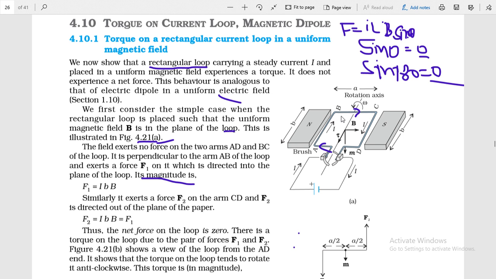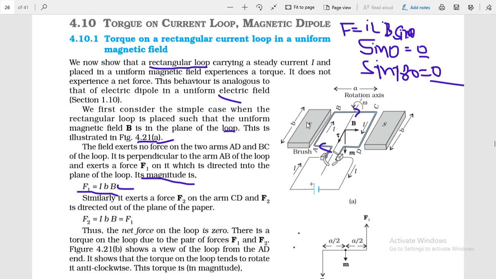This arm AB is perpendicular to the direction of the magnetic field. You can see the direction of the magnetic field is from north to south, and this arm is perpendicular to north and south, so it is 90 degrees from the field. In that case there is a force, that is F1 is equal to ILB.